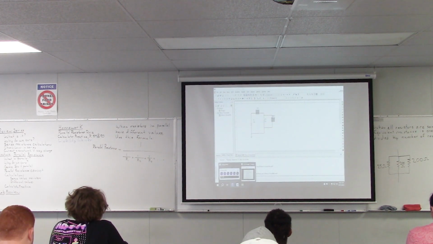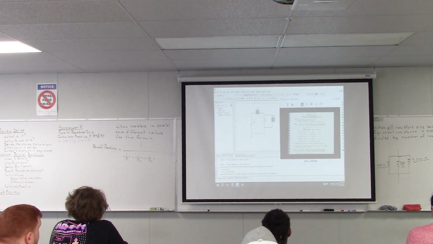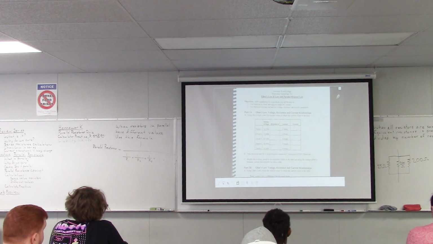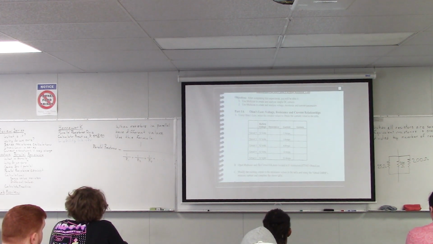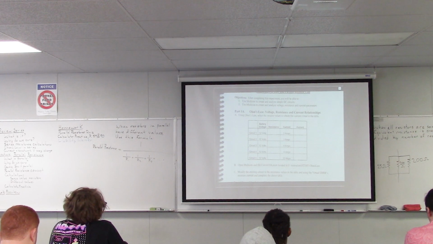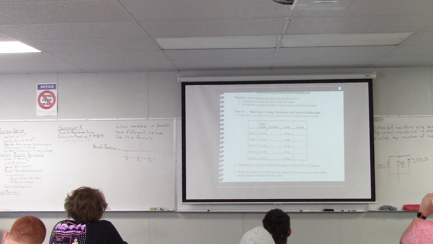In your lab book, it says, using Ohm's law, select the resistor values to obtain the current listed in the table. So we've got 12 volts, and we want to find what resistor we need in order to give us 2 amps.